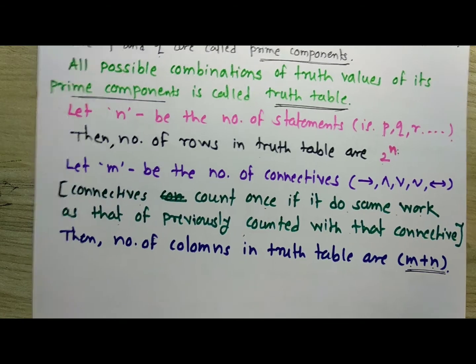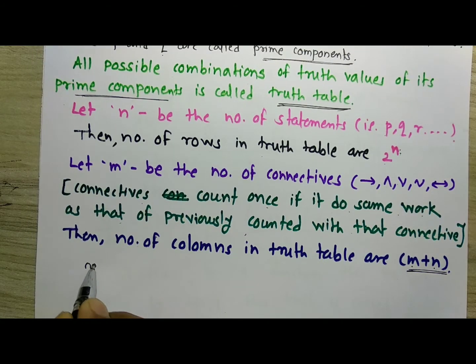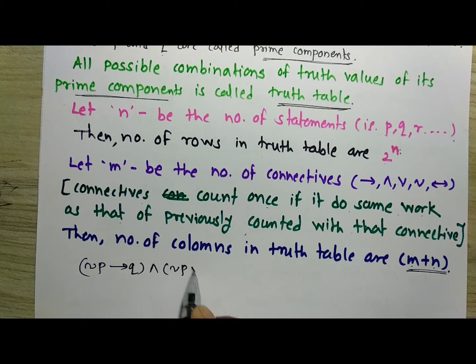For example, consider negation of P implies Q, and negation of P or Q. First of all, we think about the statements: P and Q are the prime components inside the statement.